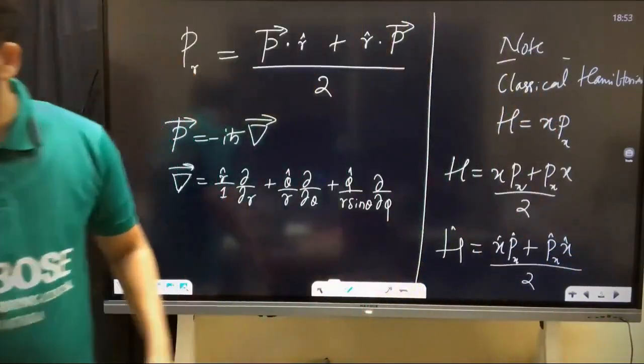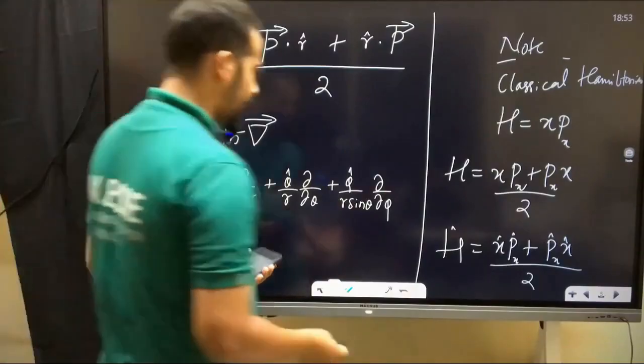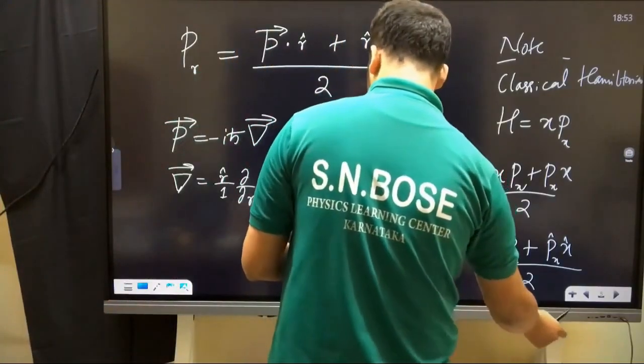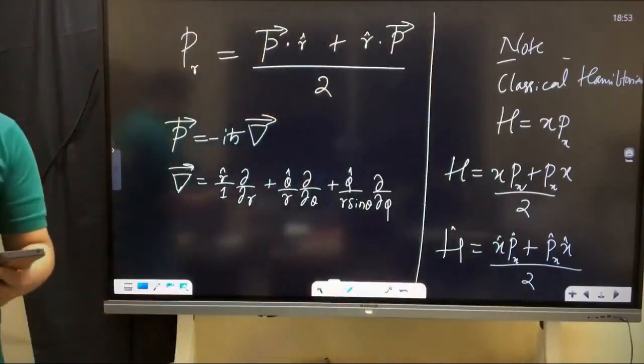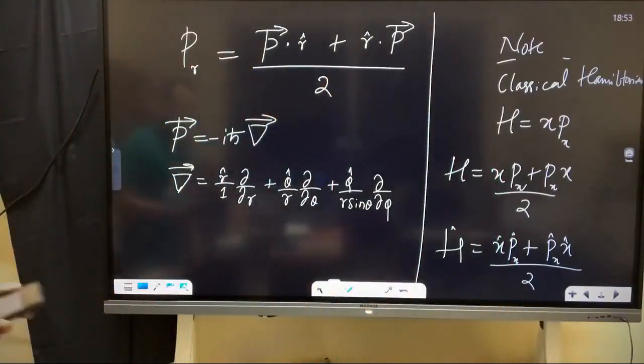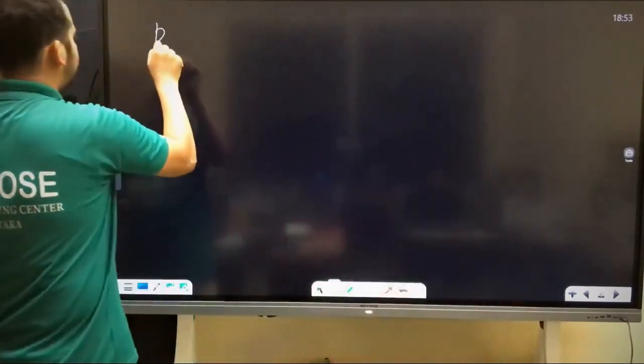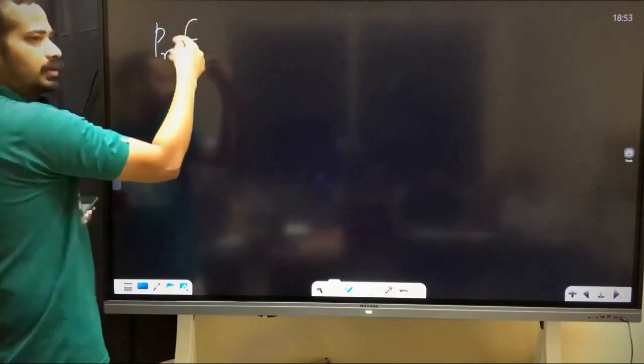So what I'm going to do, I'll take it on the next page. I'll operate this p_r on some dummy function f of r, theta, phi.